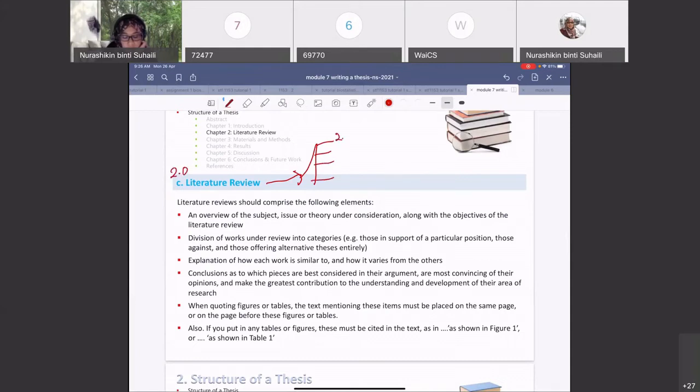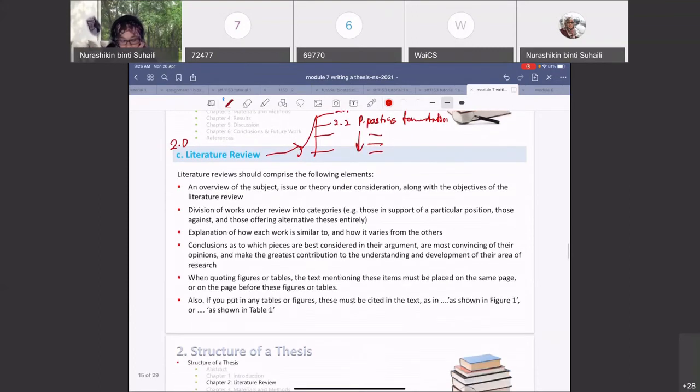So you can put 2.1, for example, laccases, where you describe all the laccases. 2.2 is maybe about Pichia pastoris, because in the example just now, this is the host, and then fermentation. So you divide it into subchapters so that you can write specifically to that section. How you determine the subchapters depends on your topic.